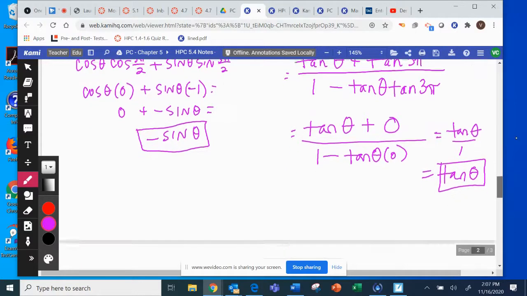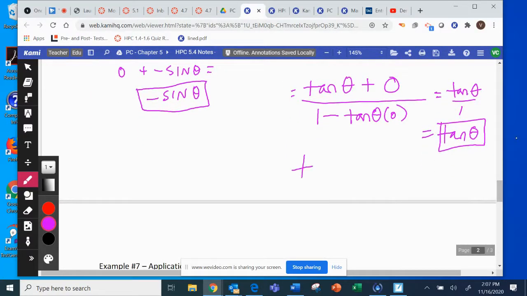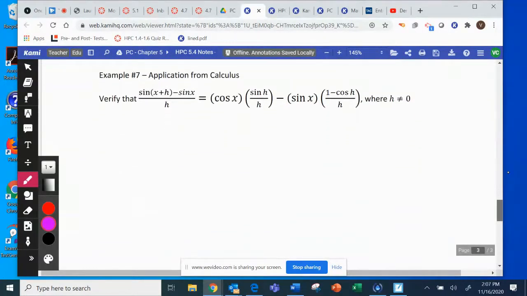So if we're asked to find tangent theta plus 3 pi, if we use our sum and difference formulas, we can simplify that down. It would be just tangent theta. So far, this is just plugging stuff into a formula and simplifying. Okay? Not too much thought process going on here.